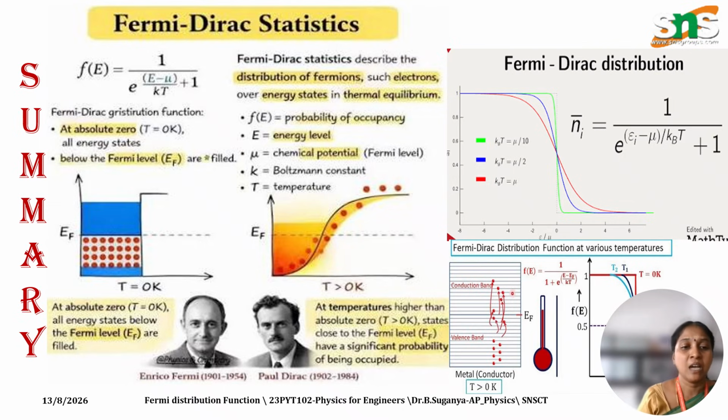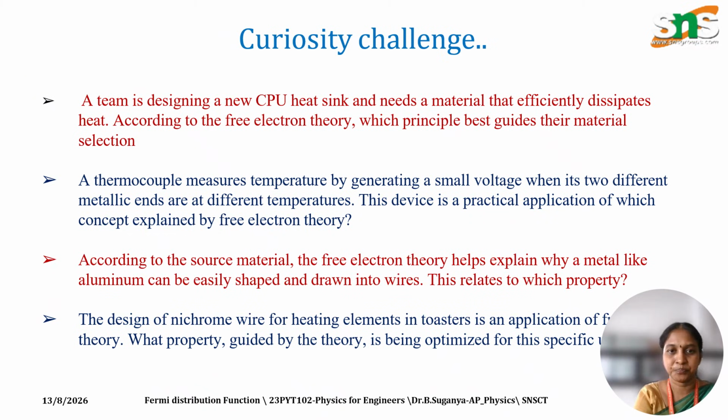What happens at absolute zero, that is T equal to 0 Kelvin? What happens when T is greater than 0 Kelvin? What if T is less than 0 Kelvin? If E is equal to EF, what happens? All of that we have fully discussed. If E is equal to EF, it means a 50% possibility of occurring in the filling of energy states.